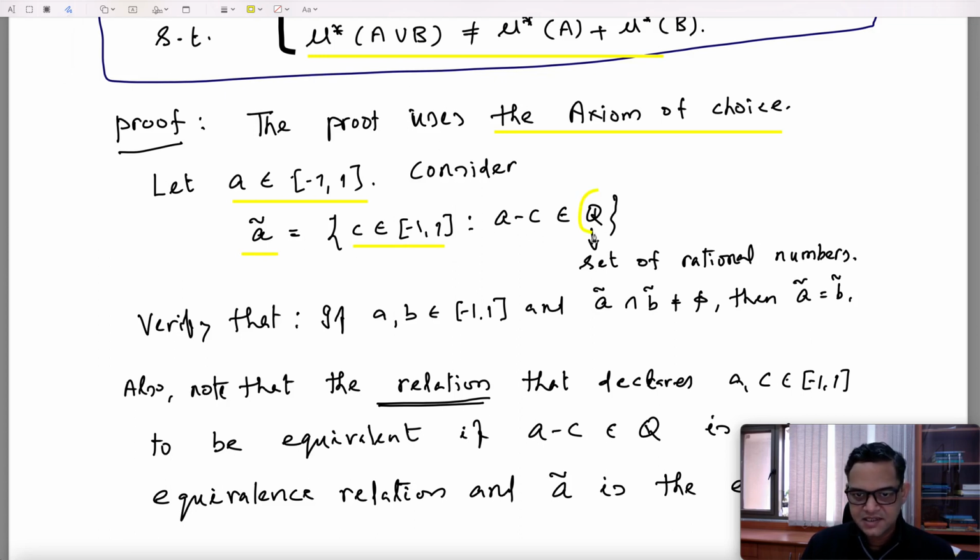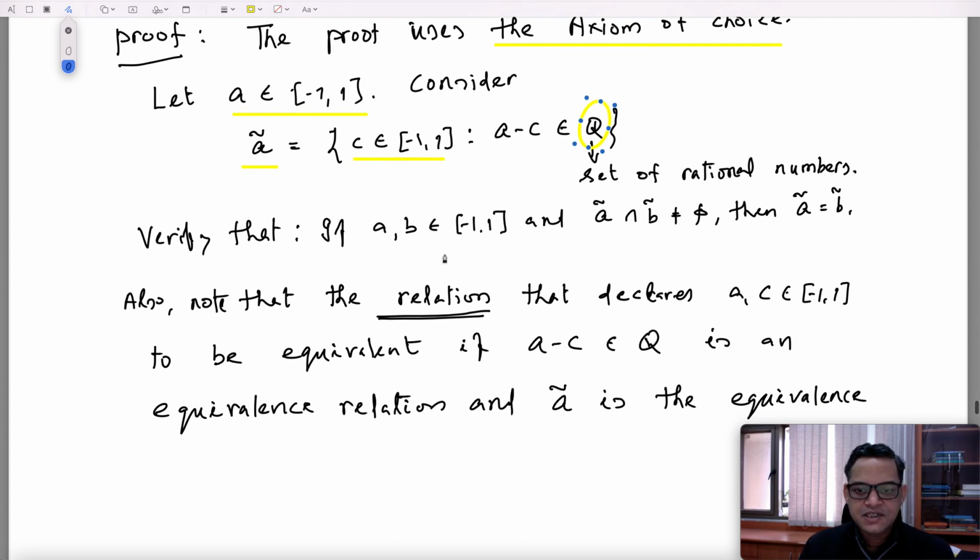This is the notation for the set of rational numbers. So for any given a, a tilde is the set of points in minus 1 to 1 which differ from a by a rational number. Basically c minus a is a rational number, so you can write c as a plus or minus a rational number, correct?